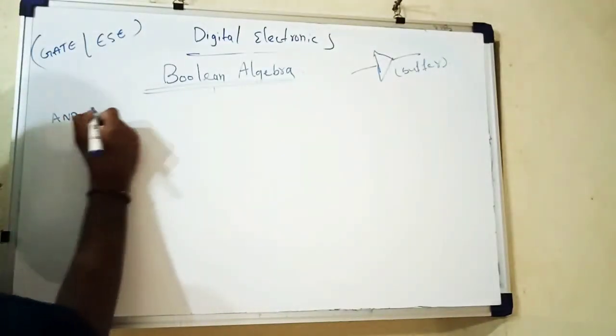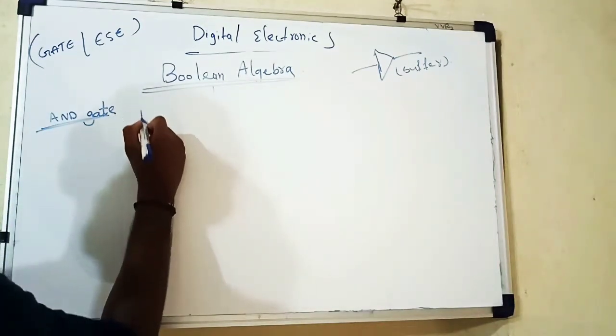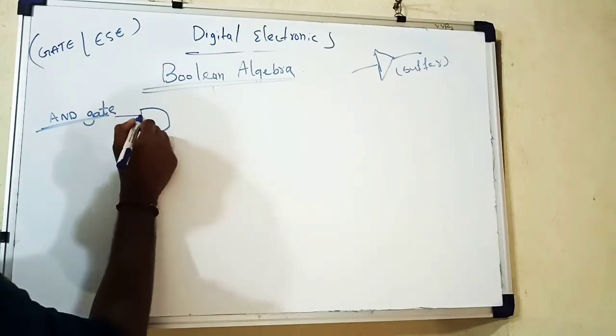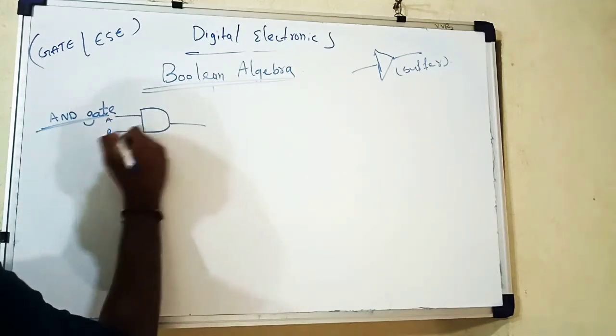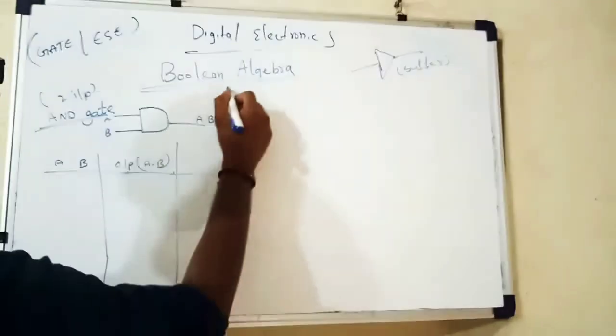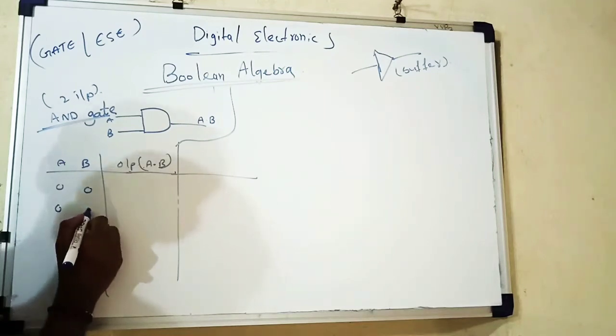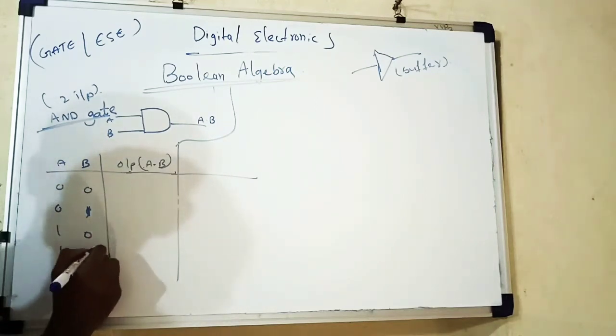Now we'll see the AND gate. This is the logic symbol, the logic diagram. This is A, this is B, and this is the output AB. Here I am considering a two-input AND gate. This is A, B, and the output is A dot B. Here there are 4 combinations: 0 0, 0 1, 1 0, 1 1.